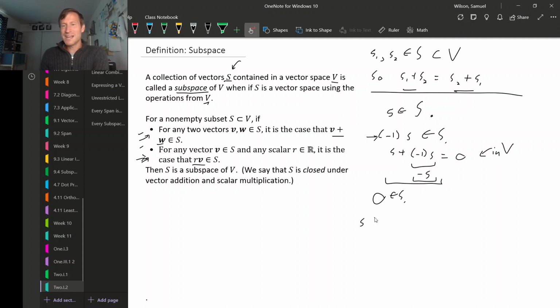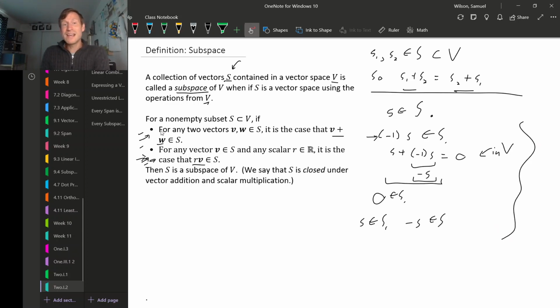Also, for every s in S, negative s is in S. Again, that's scalar multiplication closure. So we do have a 0 vector in S, and we have additive inverses in S. So those are really the only extra vector space axioms that we explicitly need to check, and you can see here we've checked them.